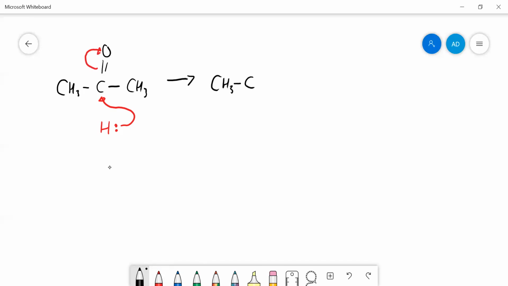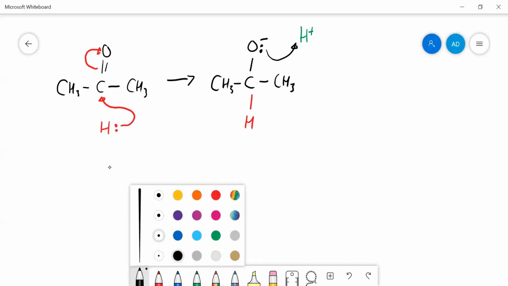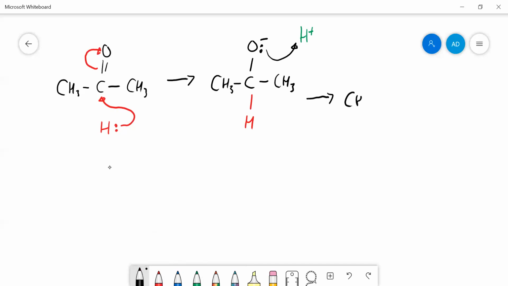We've now got a negative charge on the oxygen. Got our new hydrogen attached there. And this is then going to pick up a proton from the solvent. So just drawing one of the 3 lone pairs on the oxygen there, and that's going to go onto there. And we're going to end up with a secondary alcohol as the product.